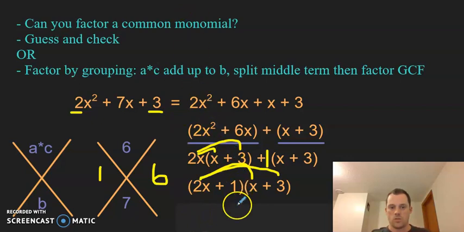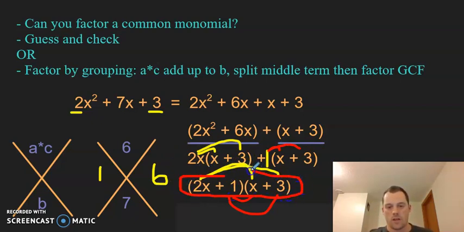And then we're also distributing this 1 times x and 1 times 3, and that's what this is showing right here, 1 times x, 1 times 3. So we're just taking this and writing it in a much simpler way. So again, there's our factor by grouping method. We're looking for 2 binomials as our answer.